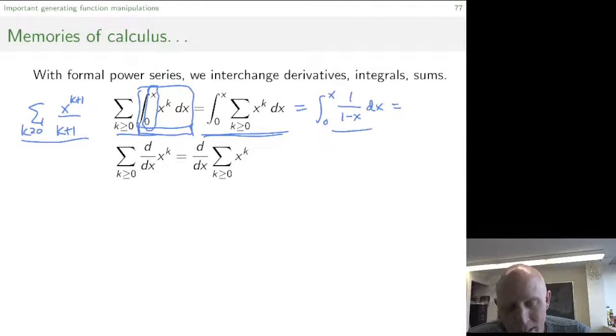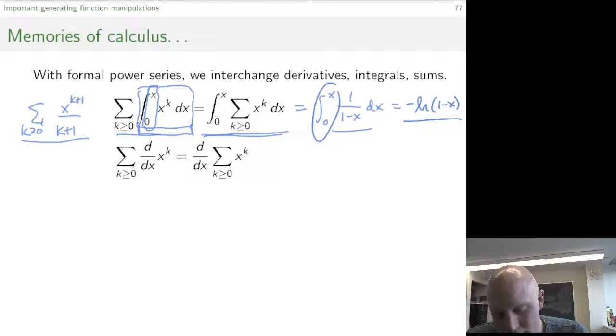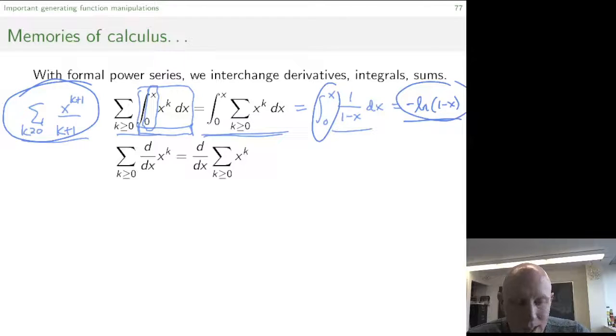And when we integrate 1 over 1 minus x, we get negative ln of 1 minus x. And then we plug in the x, we plug in the 0. And so this sum on the left-hand side is going to give us this compact generating function on the right-hand side.